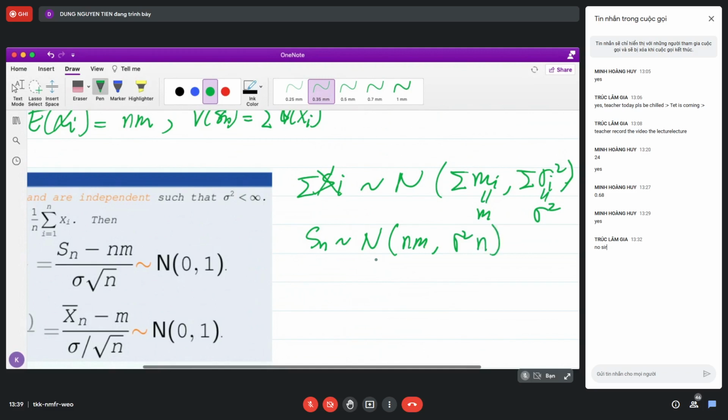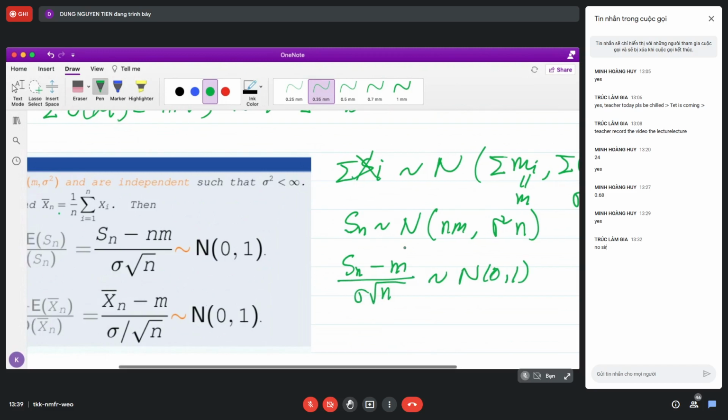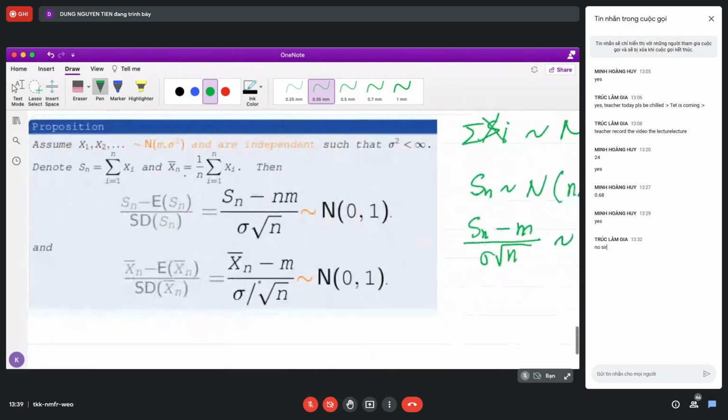Then you can standardize Sn, which is Sn minus n times m over the square root of the variance, which is sigma times the square root of n. That follows the standard normal distribution N(0,1). We can also have a similar result for the average value x bar. So x bar minus the mean value m, over the standard deviation sigma over the square root of n, also gives the standard normal distribution.